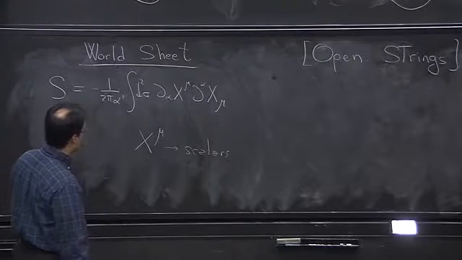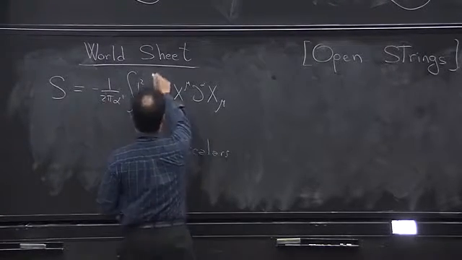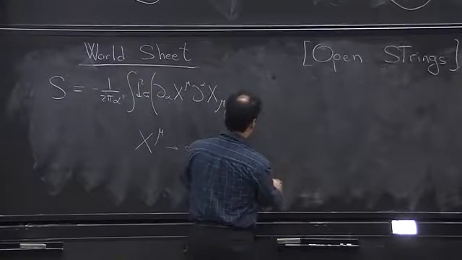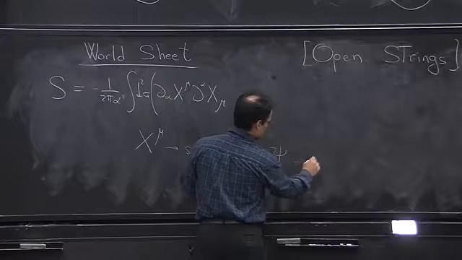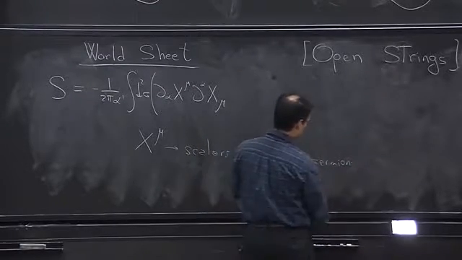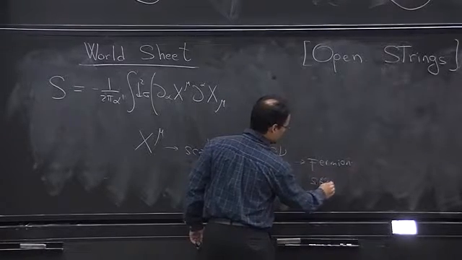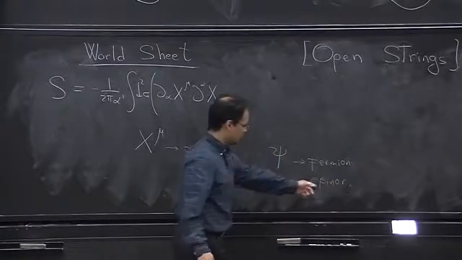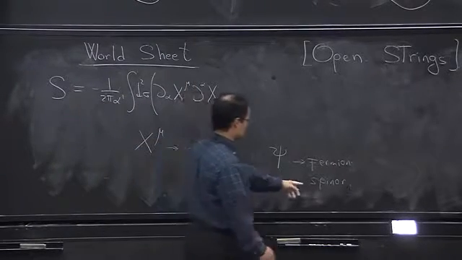So we can do the same thing. By analogy, we can say, well, maybe what we should add to this action is a fermion. Well, this refers to the statistics, but we know that it has to be a spinor. In terms of representation, it's a spinor under the 2-dimensional Lorentz group.